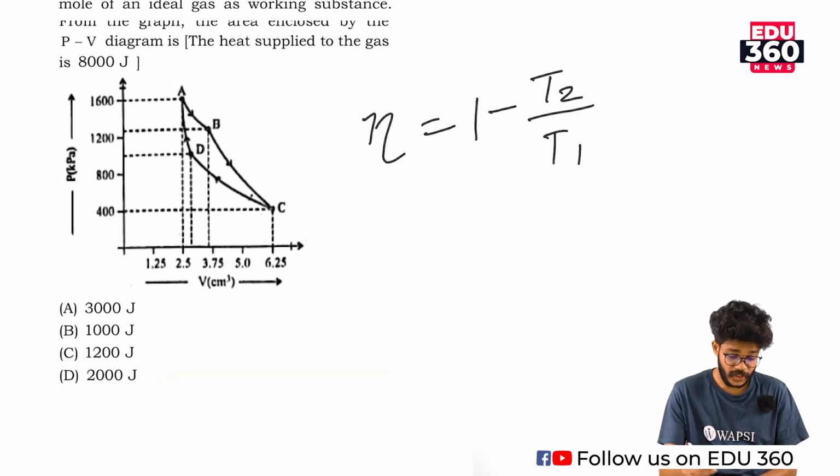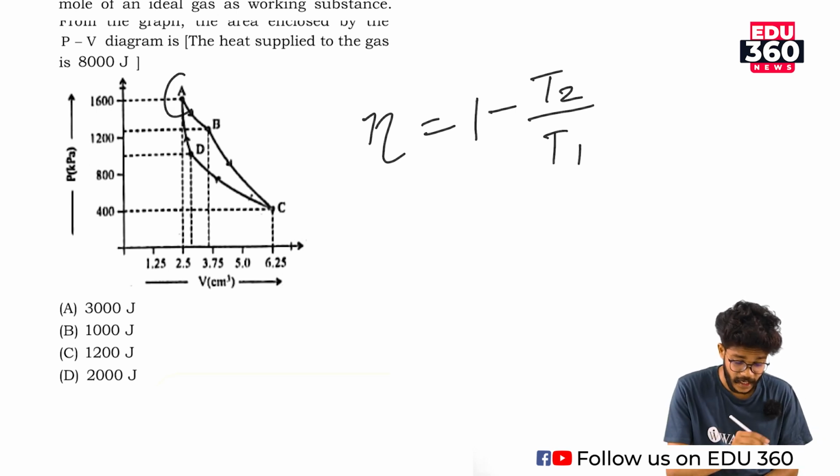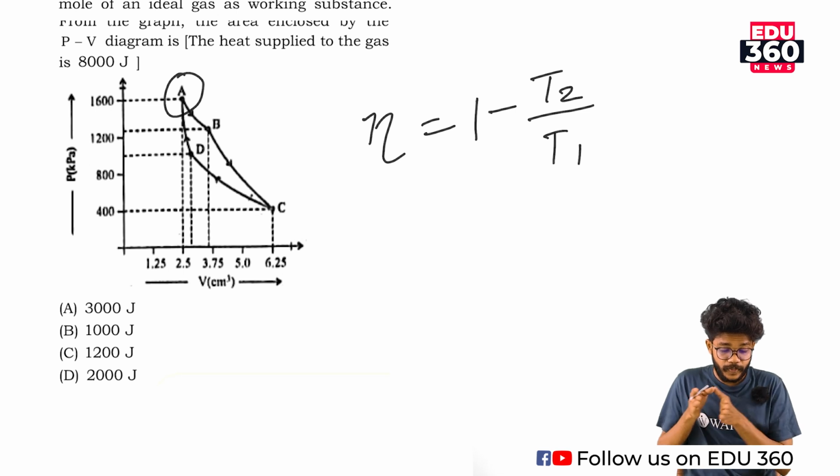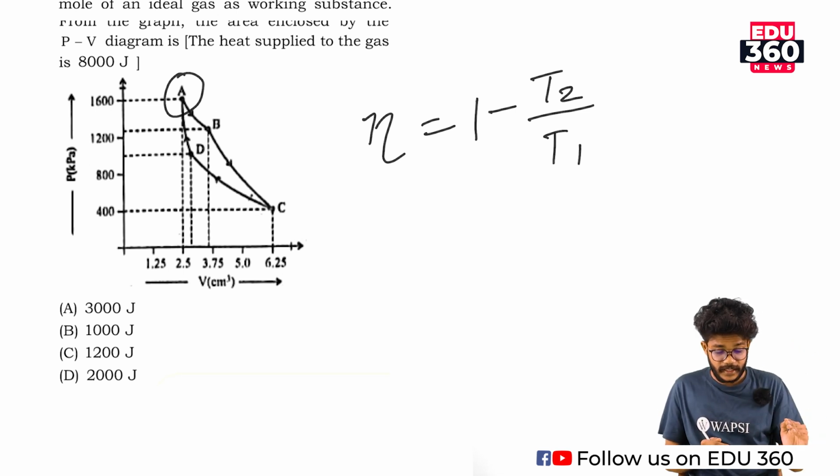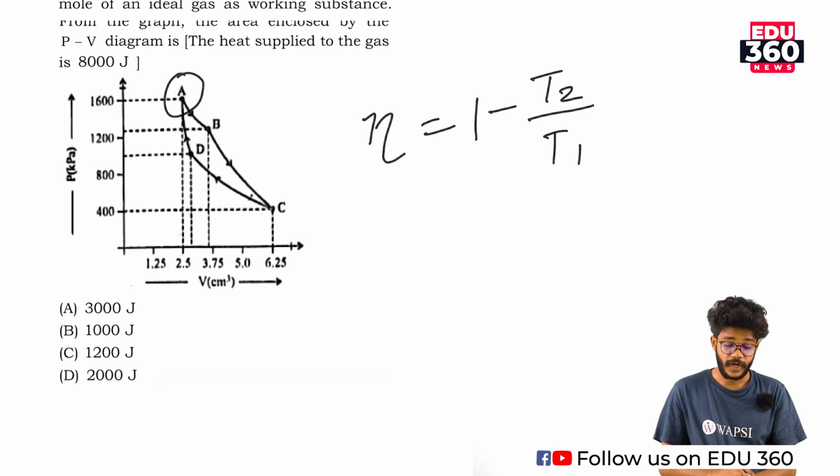What is T2 and what is T1? T1 is the temperature at position A. From A to B, the pressure is decreasing and the volume is increasing in an isothermal process, that means TA equals TB. So we can find the temperature at PA, and that can be T1.